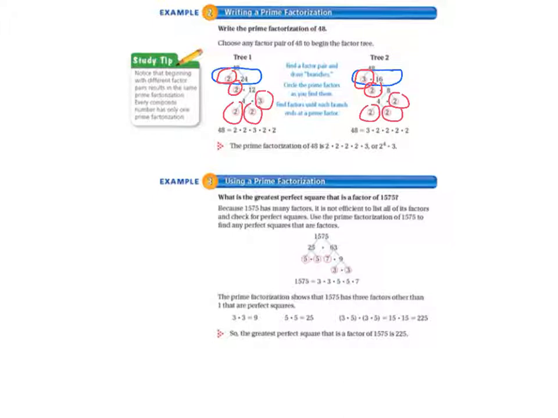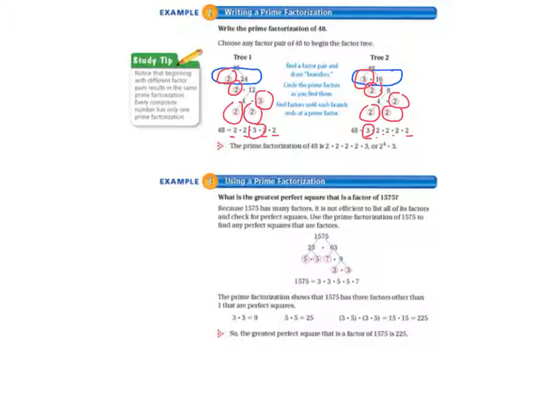They end with 4 2s and 1 3. 1, 2, 3, 4 2s and 1 3. So the prime factorization of 48 is 2 times 2 times 2 times 2 times 3, or 2 to the 4th times 3.